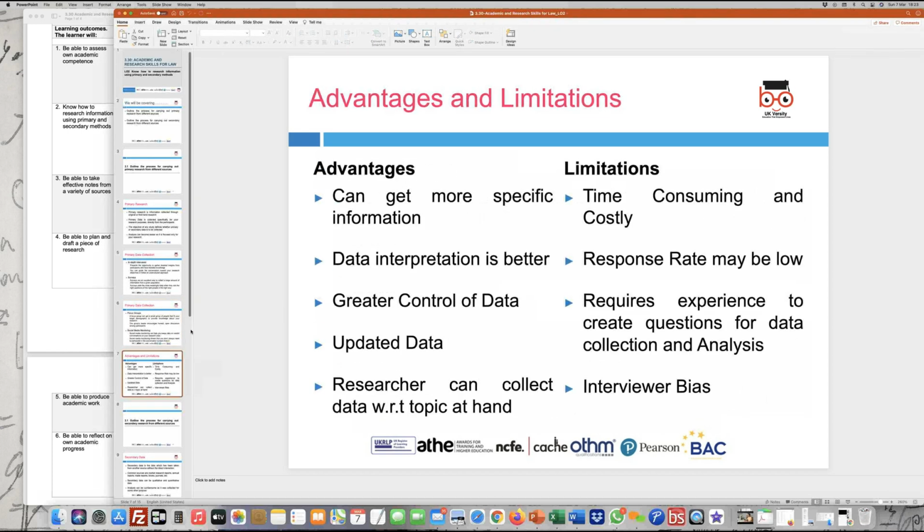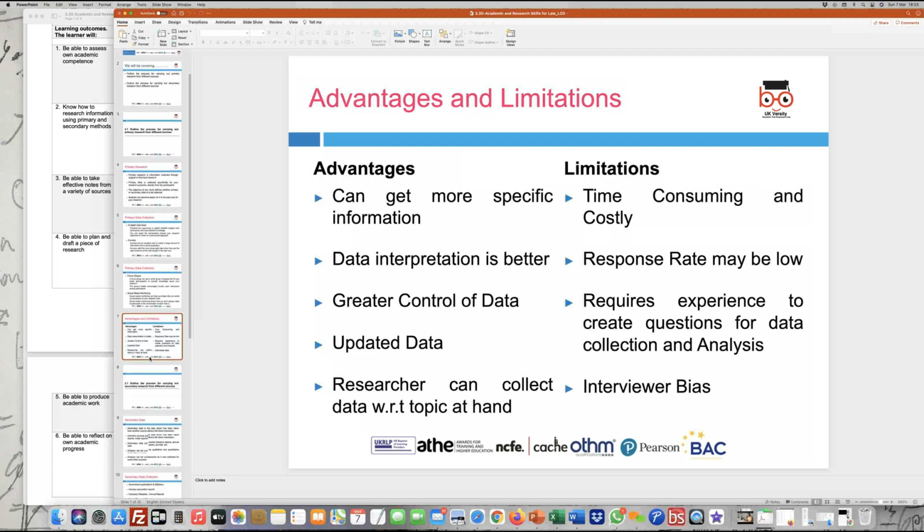with meaningful conclusions. Now, there are some limitations and obviously advantages and disadvantages of doing primary research. Primary research can be done. One of the advantages is to collect specific information. Sometimes the data produced for interpretation from the results of the collection of primary data is much more meaningful and better.